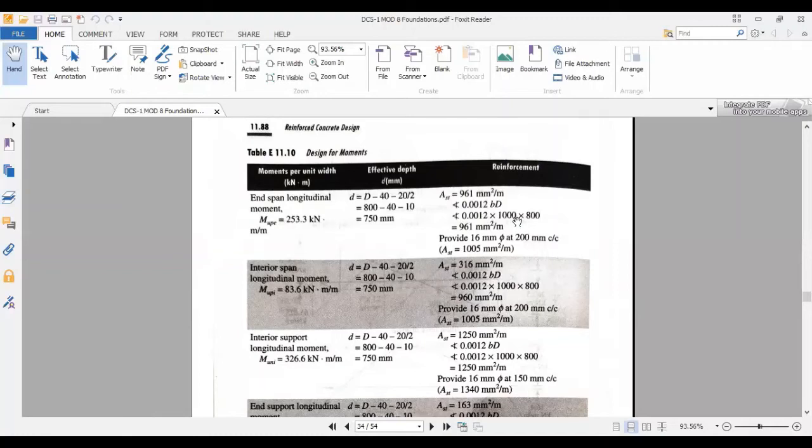So because we have to provide this AST, we'll provide 16 mm dia bars spaced at 200 mm center to center. So as per this, actual area of steel would be 1005 mm square per meter.